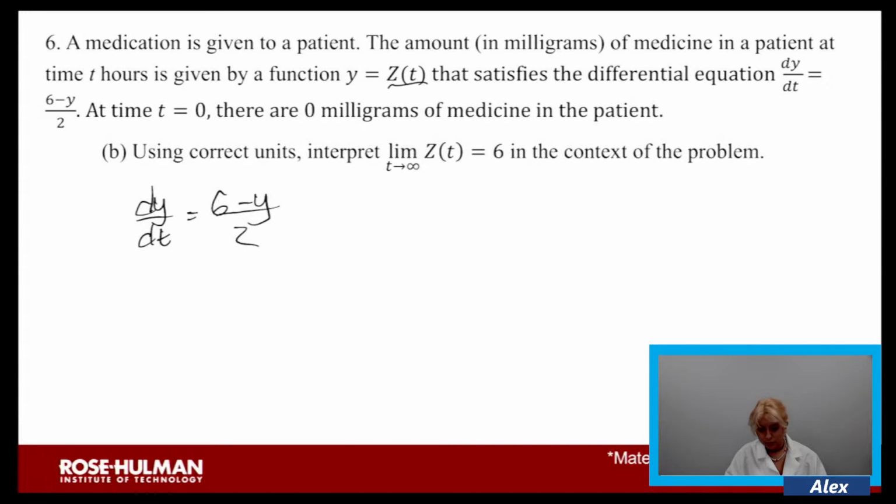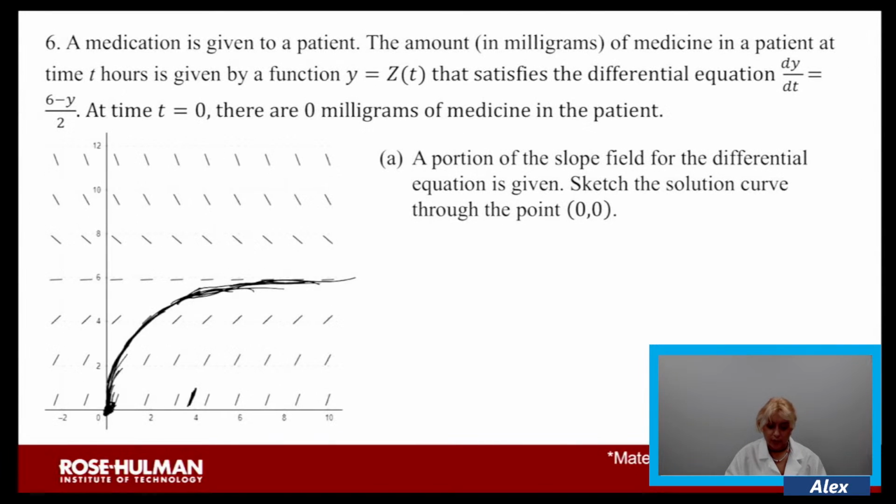At time t equals 0, there are 0 milligrams of medicine in the patient. So what this line is telling you is that at this time there are 0 milligrams of medicine in the patient. As time goes on, it is going to increase, except the rate at which it is increasing is going to decrease slowly until you get really close to 6, and then that is as much medicine as the patient will get.